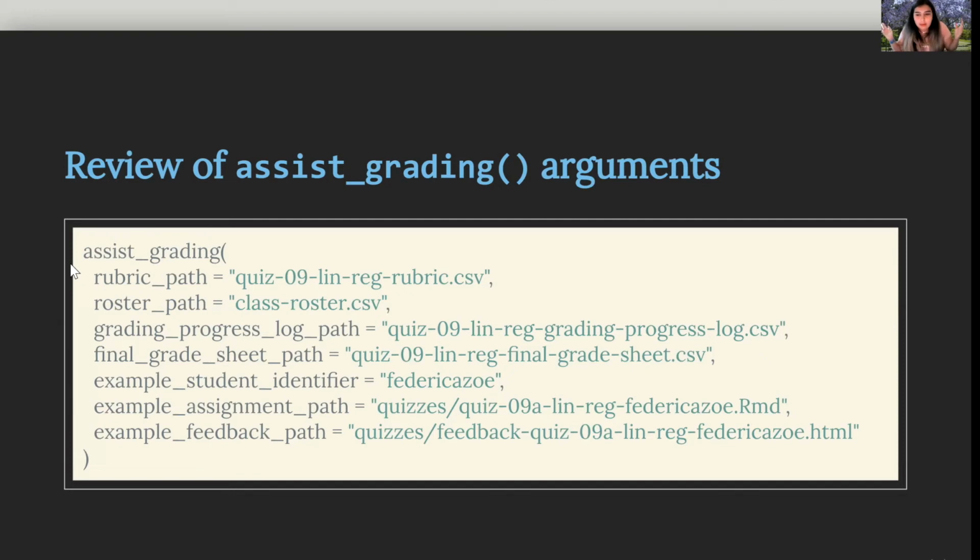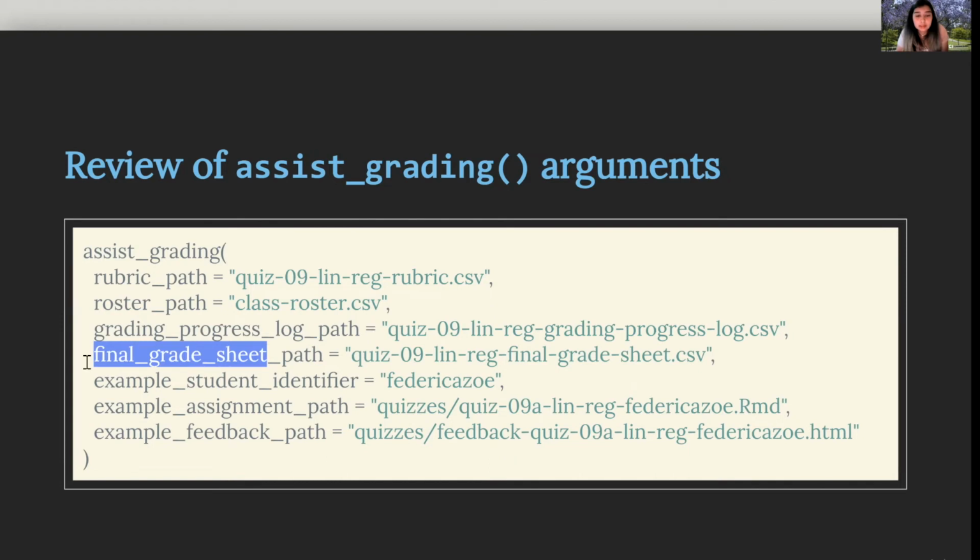So we've talked about everything you need to provide for grading with gradetools. I just want to review the arguments for the grading function. This assist grading call is the function we use to grade in our basic grading demo. You have to provide it the location of the rubric, the location of the class roster, where you would like it to save the grading progress log, which we don't touch but which maintains our grading progress for us, and where we'd like to save the final grade sheet.